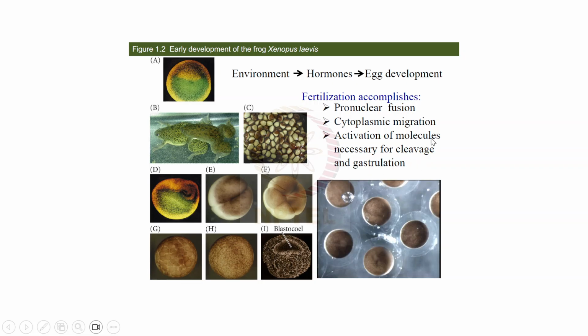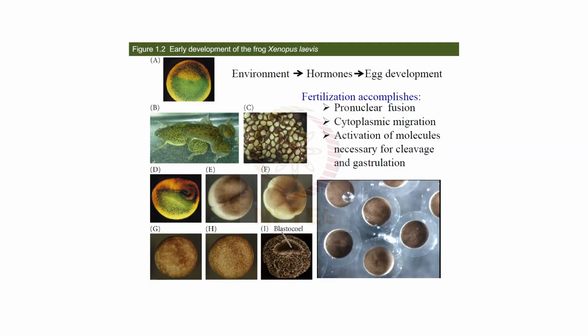Okay, so what fertilization accomplishes: first the pronuclear fusion, basically the fusion of the gametes and then the nuclei of the gametes, then the cytoplasmic migration, then the activation of molecules necessary for cleavage and gastrulation.